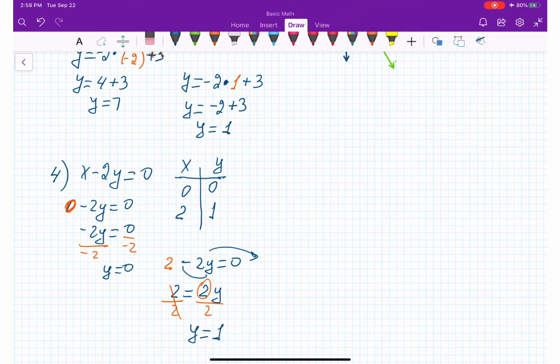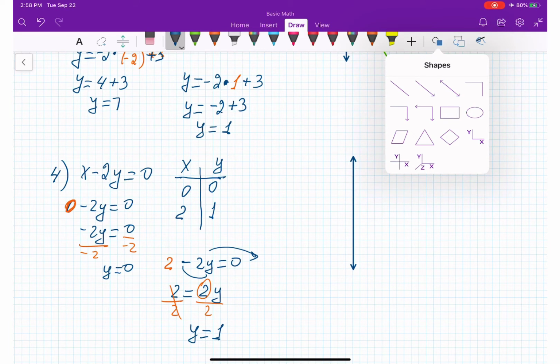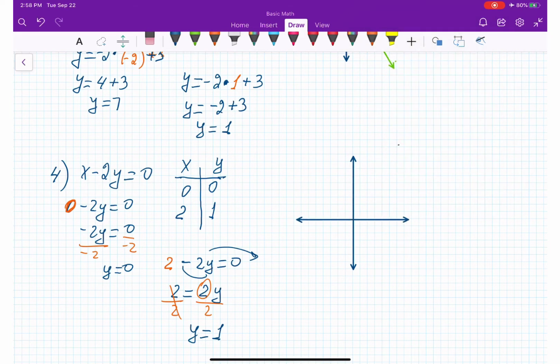Let's see. Another one. Okay. X is 0, y is 0. Here it is, 1 point right here. X is 0, y is 0. The other point, x is 2, and y is 1.